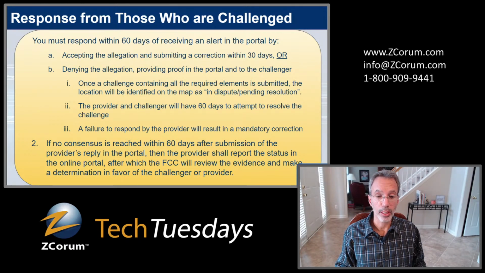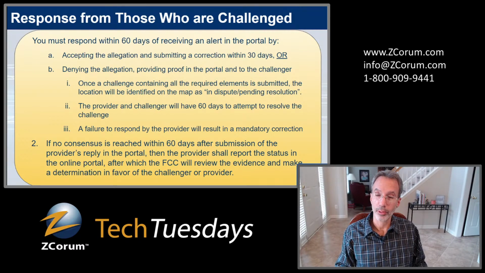Once a challenge containing all the required elements is submitted, the location will be identified on the map as in dispute pending resolution. So as soon as a qualified challenge is made, and to be qualified, it has to meet all of those requirements. It has to have all of that documentation. Once it is, then it's going to be considered in dispute or pending on the map. And then the provider and the challenger will have 60 days to attempt to resolve this challenge.